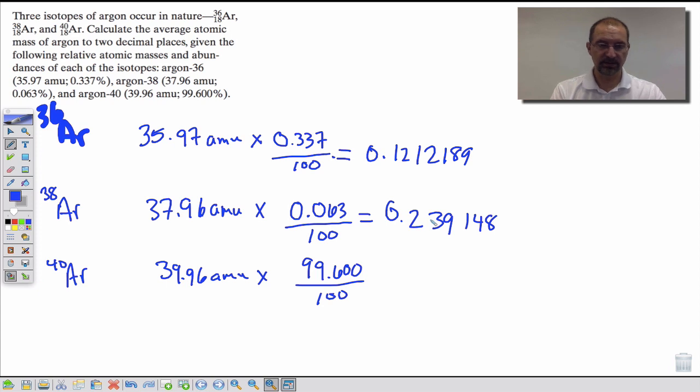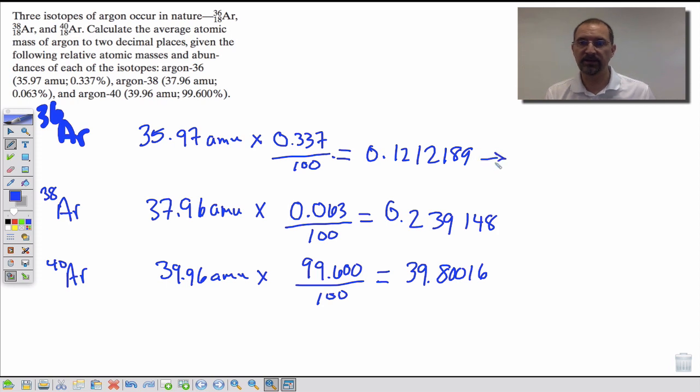And then on the last one, 39.96 times 99.600 divided by 100, I get 39.800. Technically the next step I'm doing is addition, so before I do the addition, I've got to round these to the right number of significant figures.